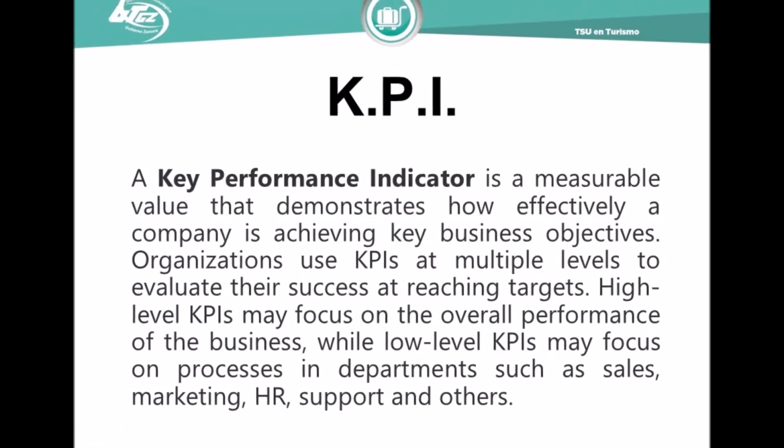Today we're going to talk about the KPI, the key performance indicators. But what is that? Let's see. Well, as the slide says, a key performance indicator is a measurable value that demonstrates how effective a company is according to the objectives of the company.